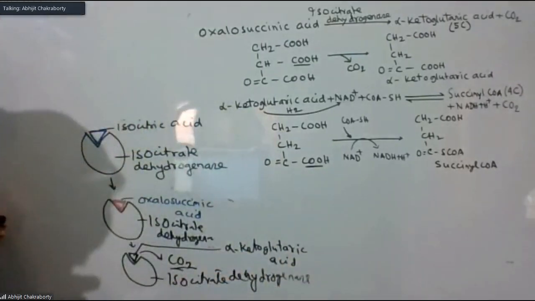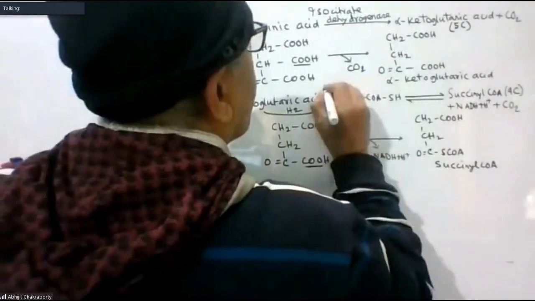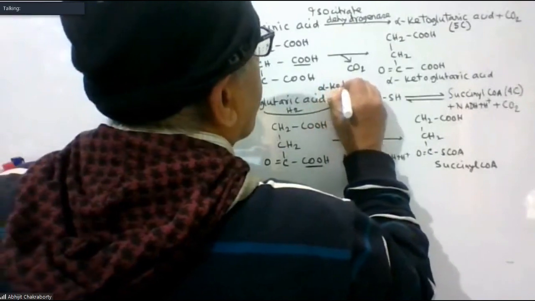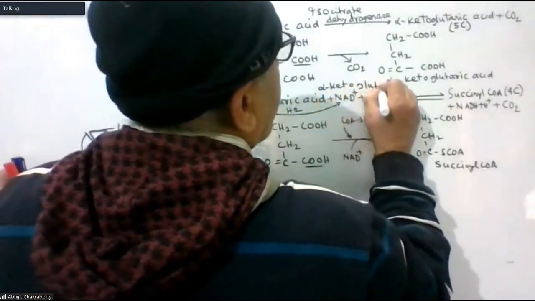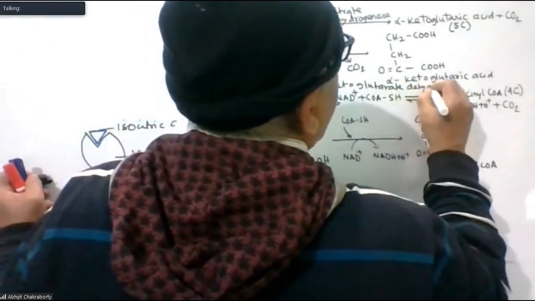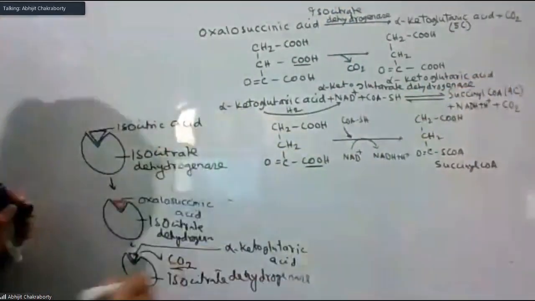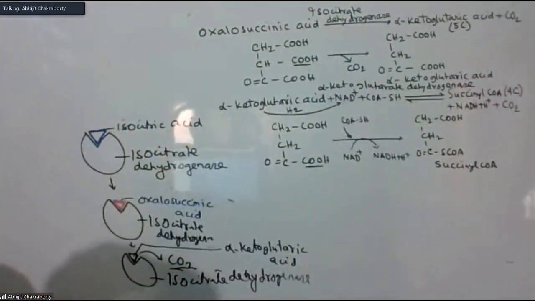So this is what we get here. Enzyme is alpha-ketoglutarate dehydrogenase.